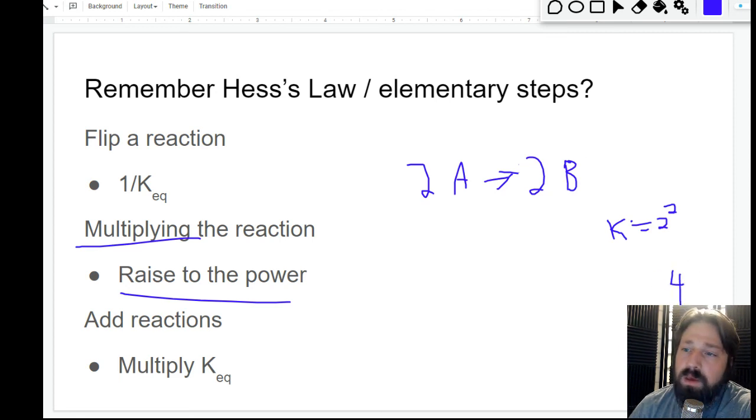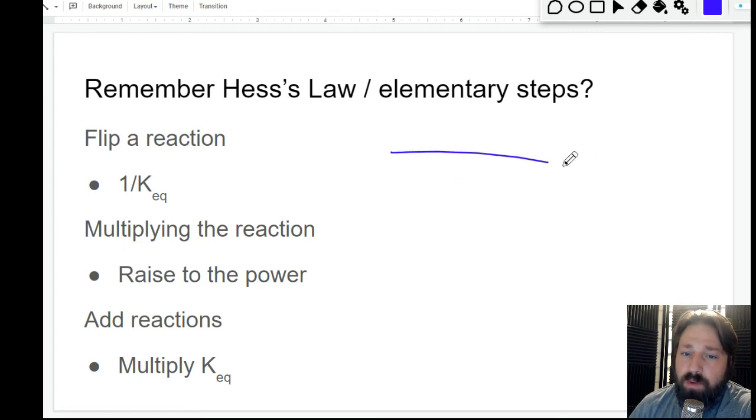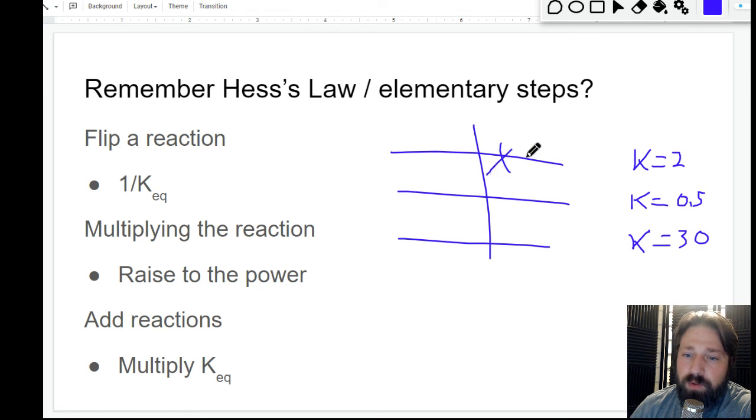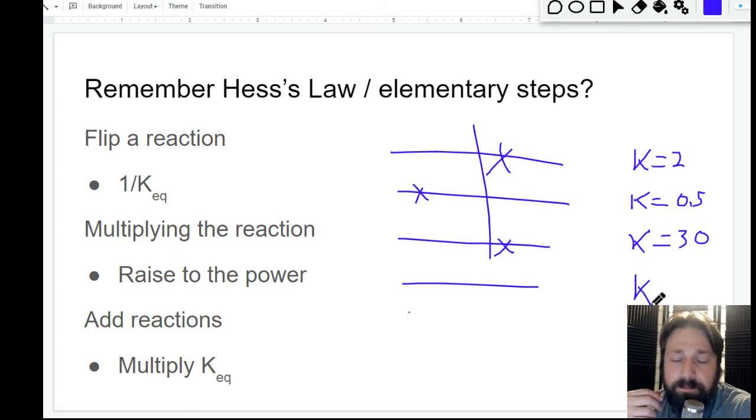Okay? And let's say we have a whole bunch of different reactions. If we have 3 or 4 reactions, and each of them have a different K. So this one has K equals 2. This is K equals 0.5. And the next one is K equals 30. Okay? Well, if we go through and we do our normal kind of cross out thing, and we add it up, and we get an overall reaction, what is the new K of this going to be?